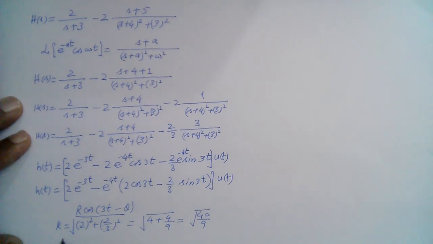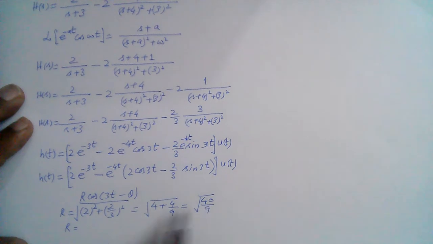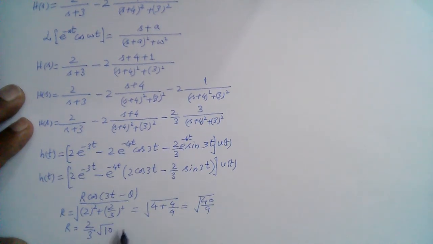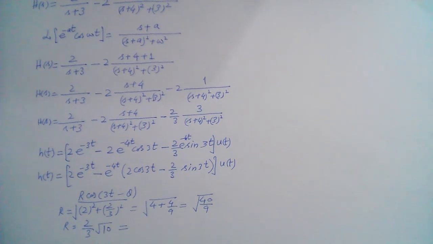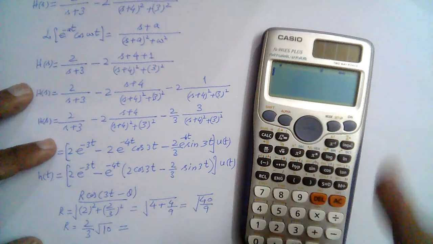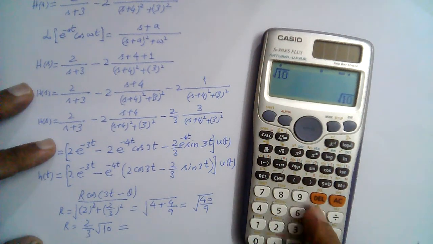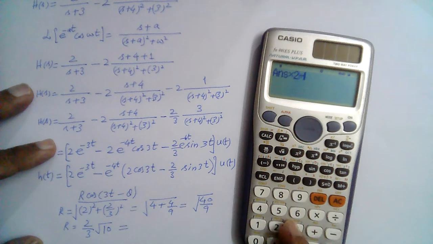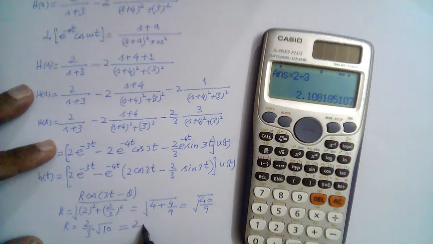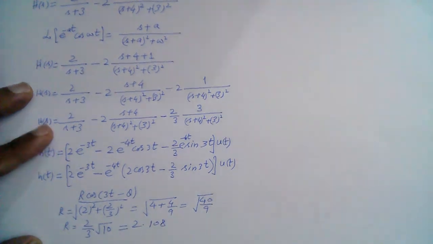So that will be r is equal to 4 into 10, so this is 2 over 3 square root 10, right? So square root of 10 multiplied by 2 divided by 3 is given by 2.108, right? 2.108.